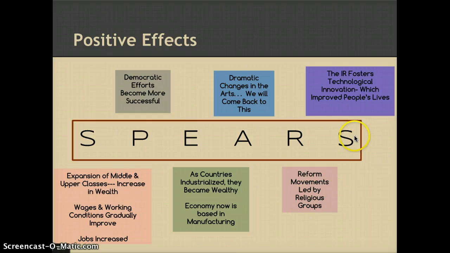And science and technology, we're going to spend a lot of time talking about the technological innovations and improved science that comes from the Industrial Revolution. Perhaps you've heard the phrase, necessity is the mother of invention. So as they need more things, or as our needs become more sophisticated in terms of manufacturing, right, science and technology change at a rapid pace.